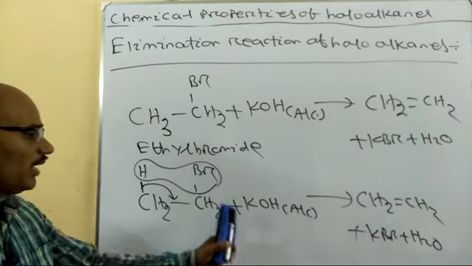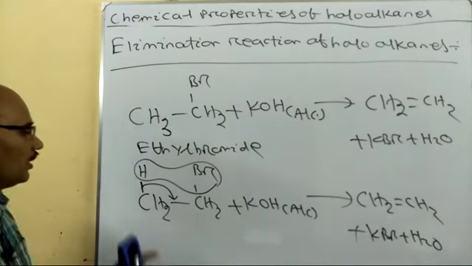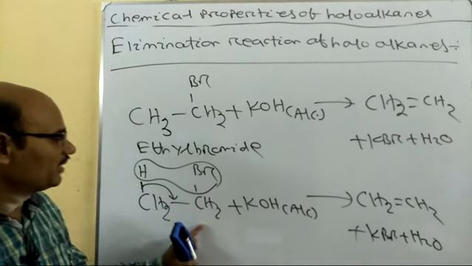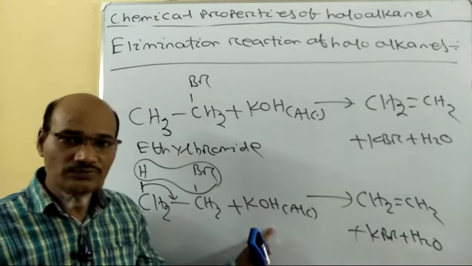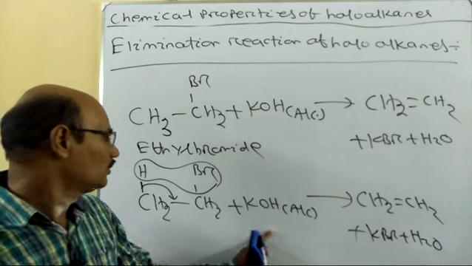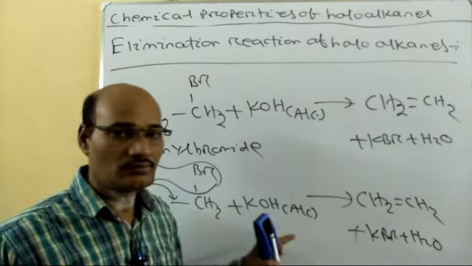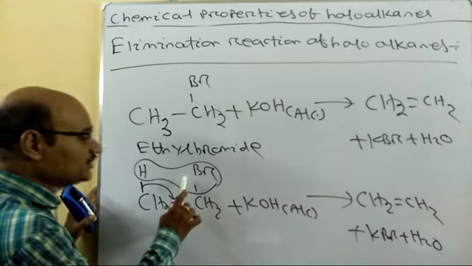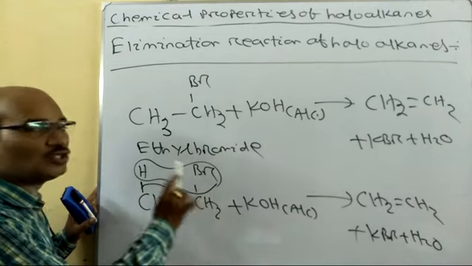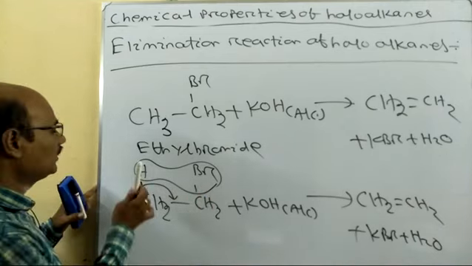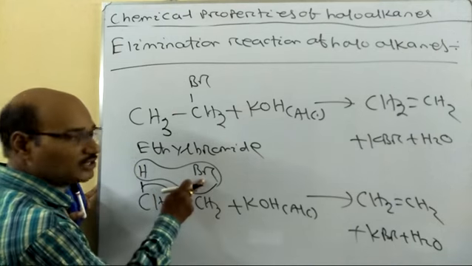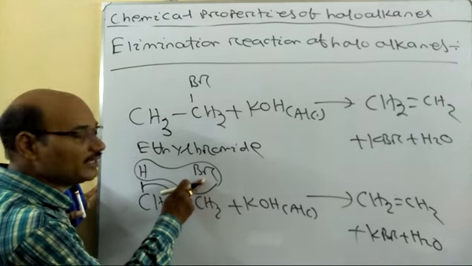So this is called an elimination reaction. When haloalkanes react with alcoholic KOH, a hydrogen halide, HBr, is removed, and this is called dehydrohalogenation. A hydrogen and a halogen atom are both removed.